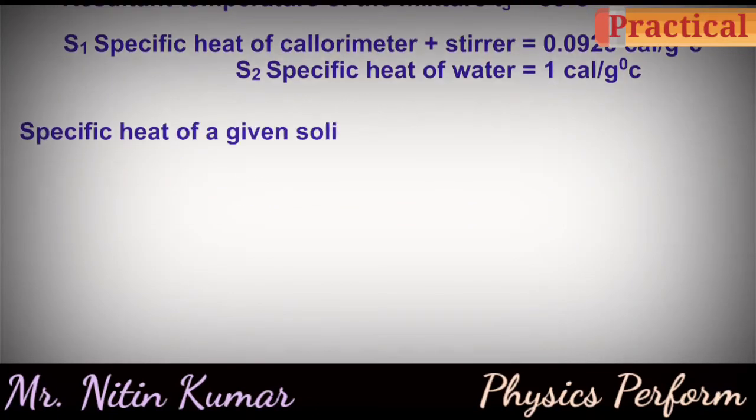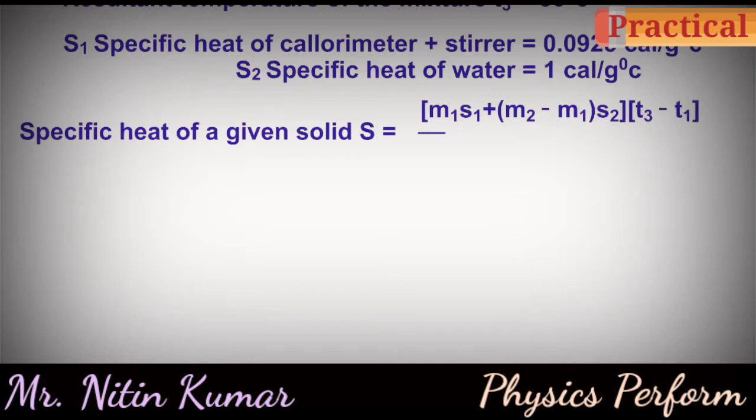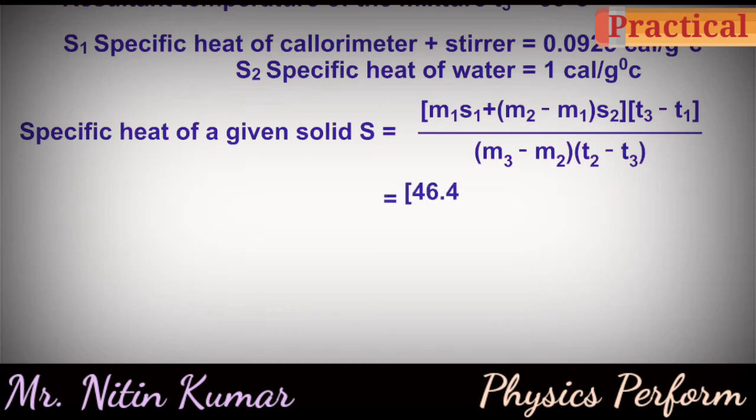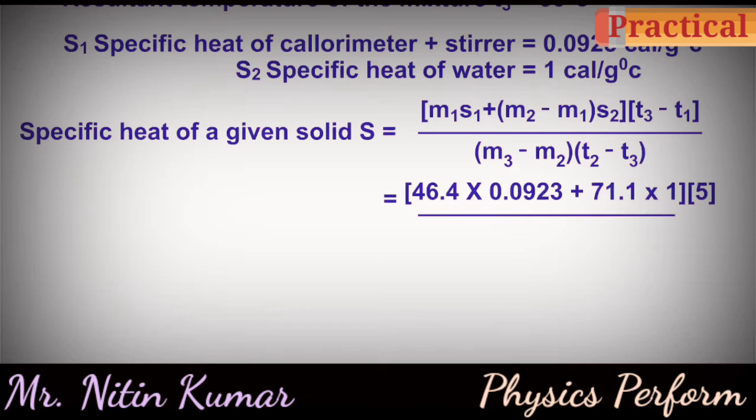Specific heat of given solid S is equal to M1 S1 plus (M2 minus M1) into S2, into (T3 minus T1), divided by (M3 minus M2) into (T2 minus T3), which is 46.4 into 0.0923 plus 71.1 into 1 into 5 divided by 228.1 into 57.